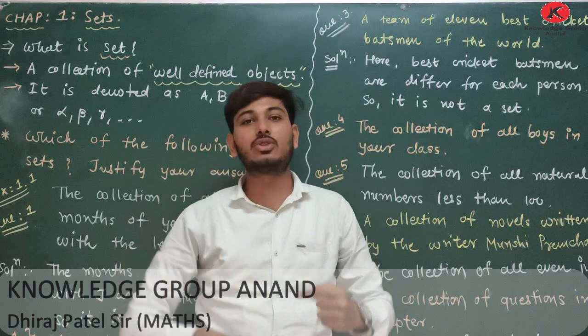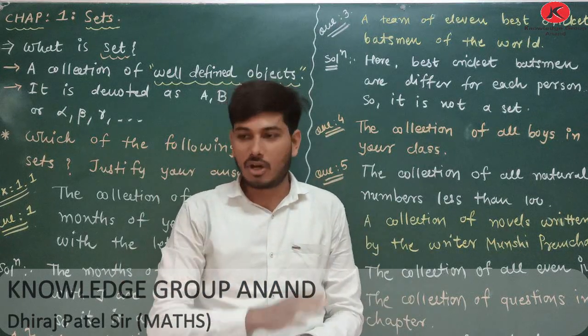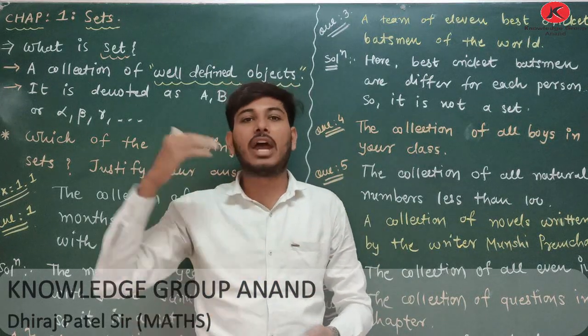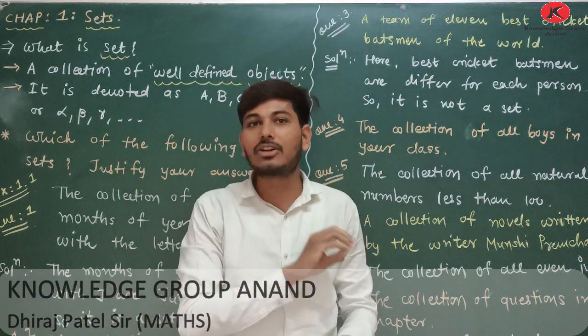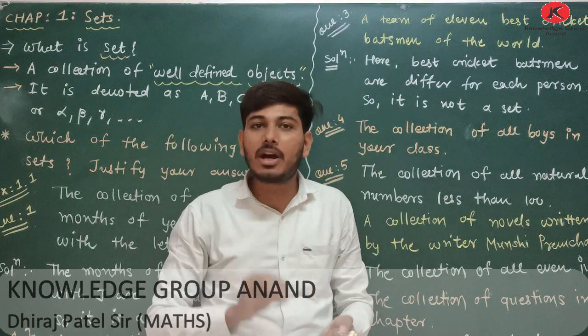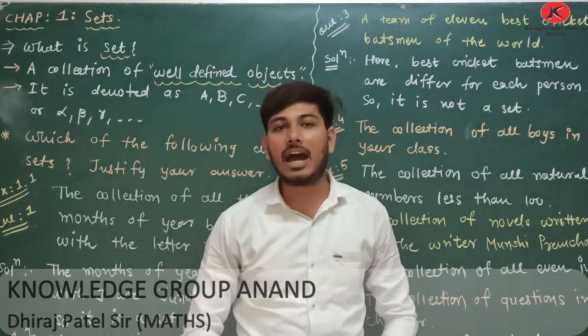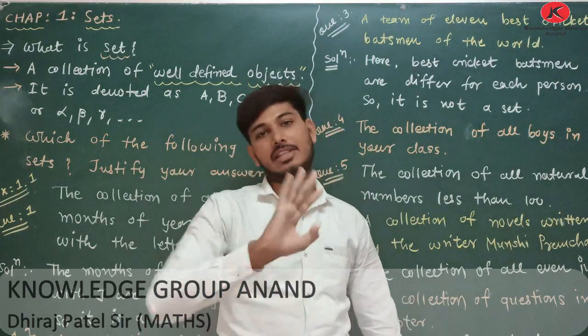If I ask you students, or students of any other class, they will also say that the prime numbers less than 10 are 2, 3, 5 and 7.